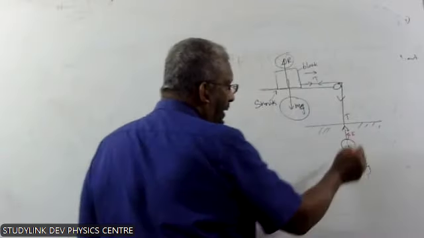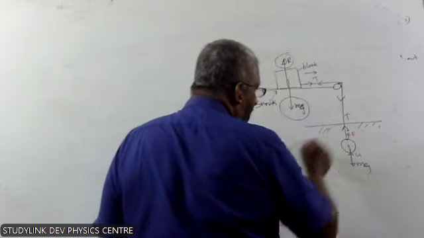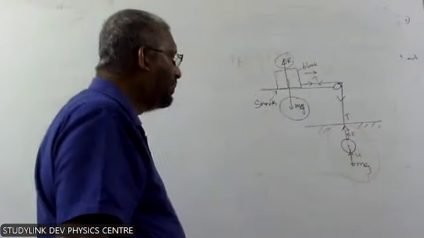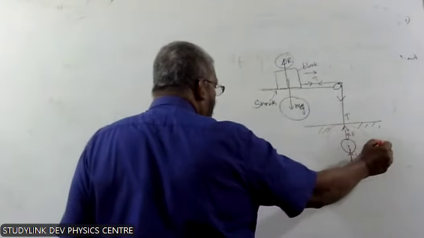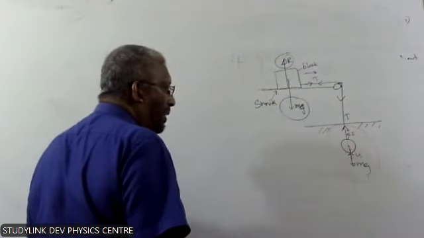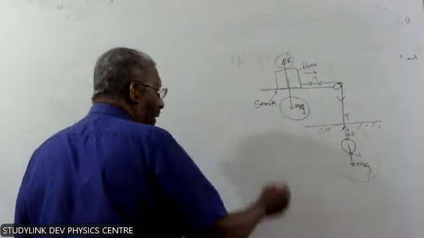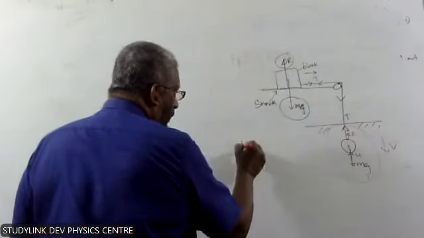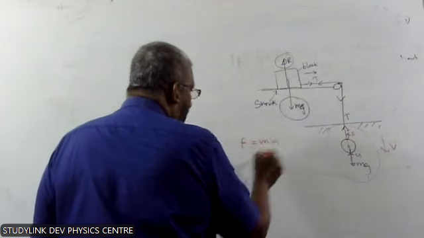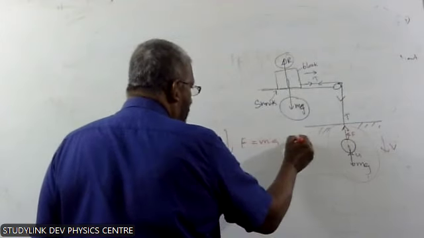Now, when you are writing the equation for this one, it has additional force. Then F equals ma, say at a particular velocity, or when it is at terminal velocity V, vertically down on the sphere.